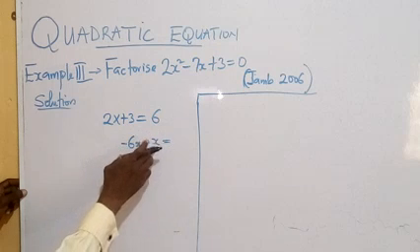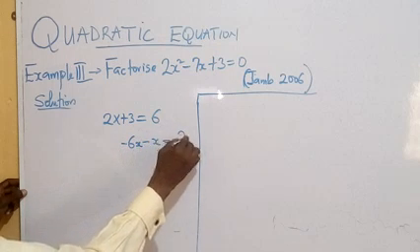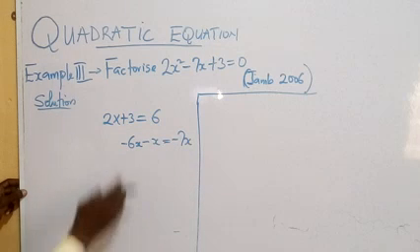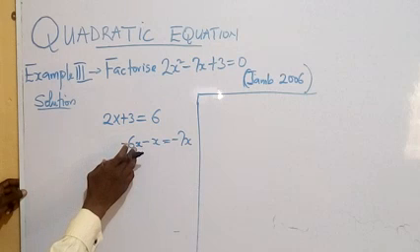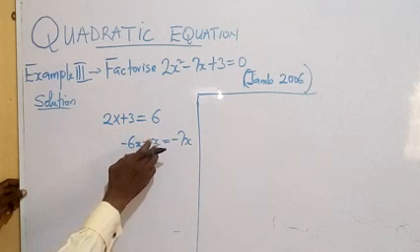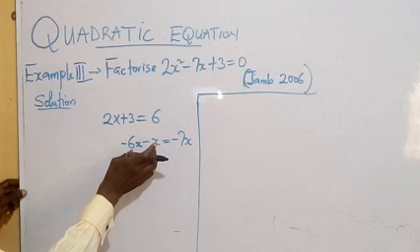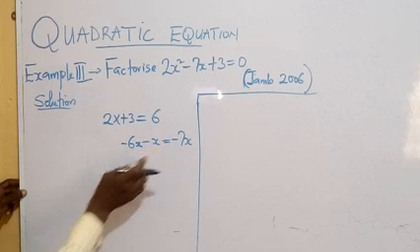Minus 6x minus x will give us minus 7x. We are replacing the middle term with these two terms.